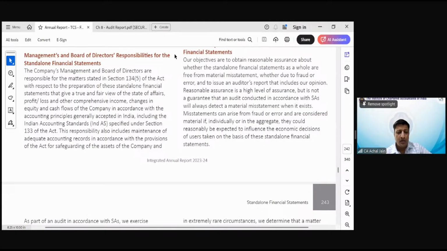If you remember the engagement letter we discussed, there again, everything is specified. What are going to be the responsibilities of the management? What are going to be the responsibilities of the auditor? It's specified. But still, in the audit report, there's a purpose as to why all of these responsibilities are put down again.